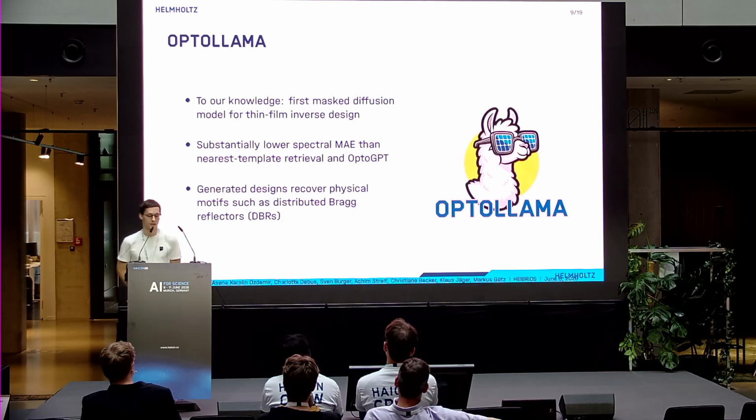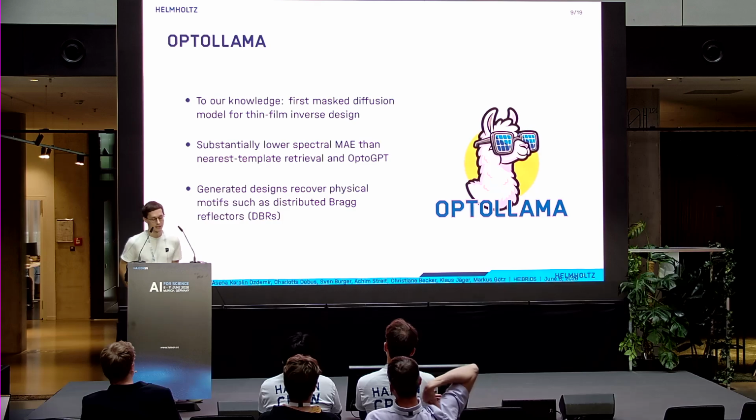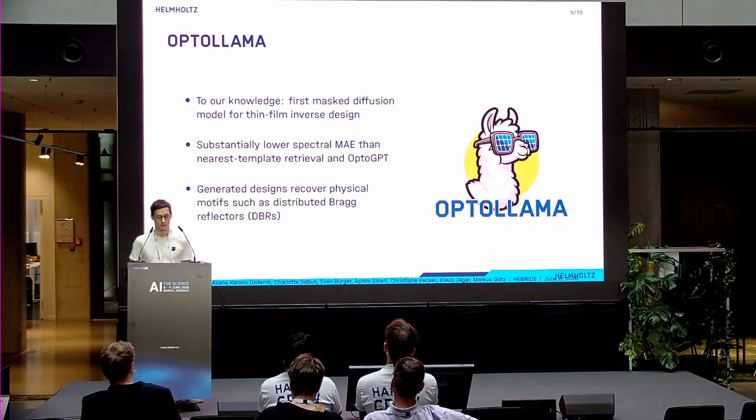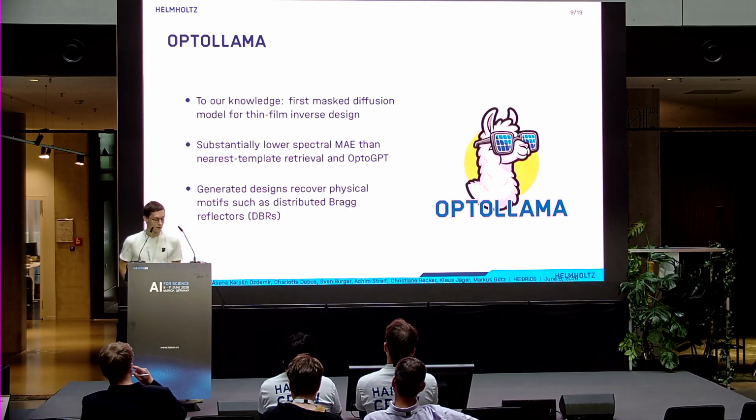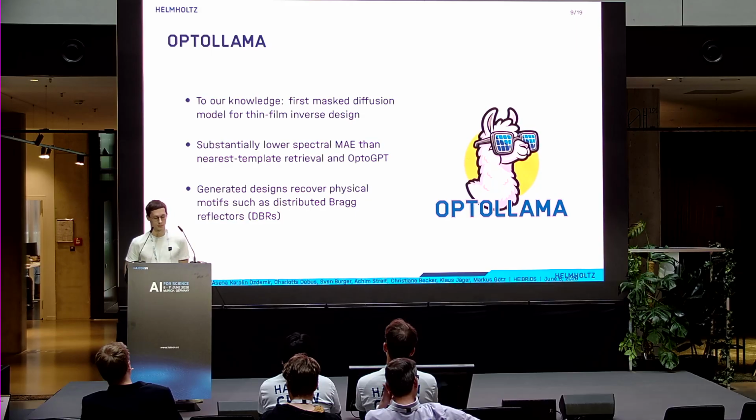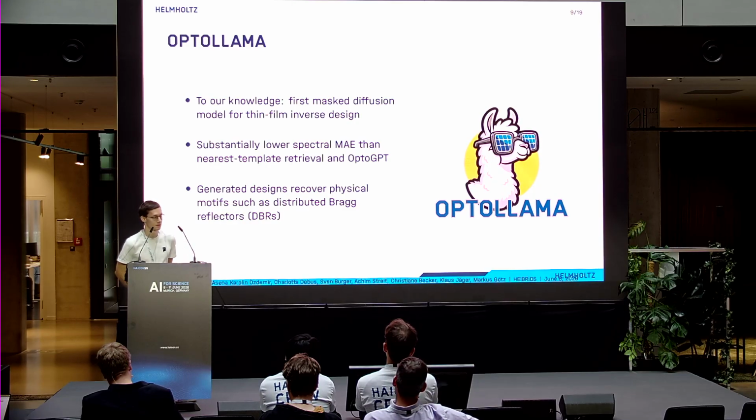It shows a relatively good performance compared to nearest neighbor retrieval of the training data, and also to a competitor model, which is the autoregressive OptoGPT. And it has also been shown, I will show this later, that it's possible to discover physical design motifs on its own, without specifically training on that.